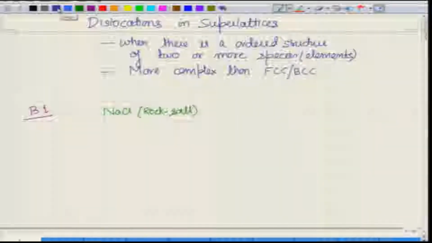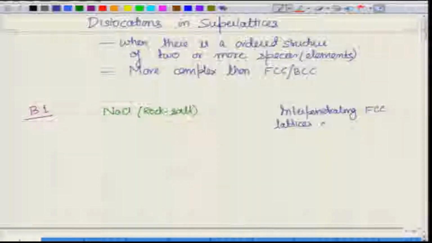It is nothing but interpenetrating FCC lattices of Na and Cl. So, that is the B1 type of structure, and overall it will look like a simple cubic, but we should not call it a simple cubic because there is a designated position for each of the atoms. It is not the same type of atom at all those positions.